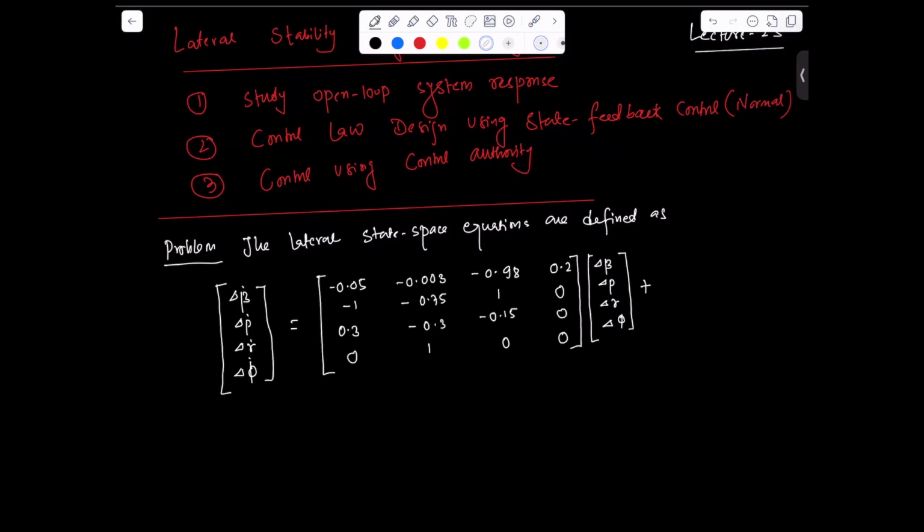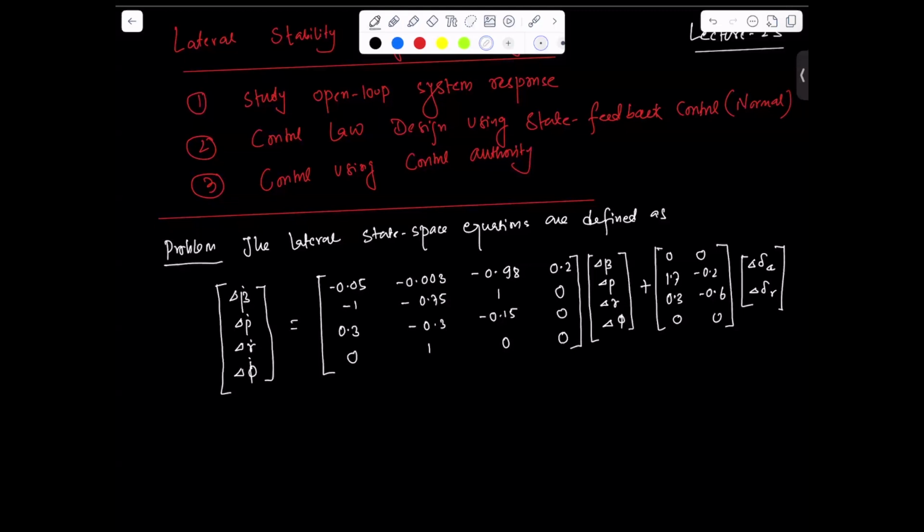And we have the control matrix, which is 0, 0, 1.7, minus 0.2, 0.3, minus 0.6, 0, 0. And we have the control inputs, delta aileron and delta rudder. So we have the aileron and rudder deflections to control the body orientation.